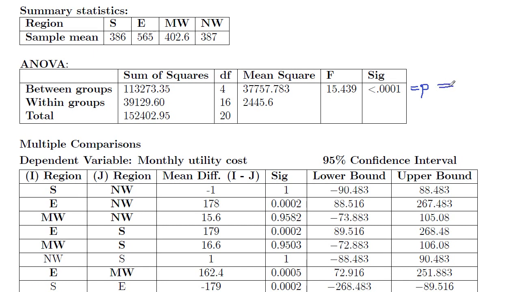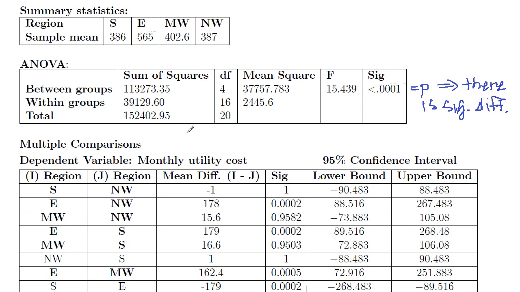So that tells us that there is a statistically significant difference. But again, it doesn't tell us which means differ, which regions have statistically significant differences and which don't. It just tells us there's at least one pair that has a difference.